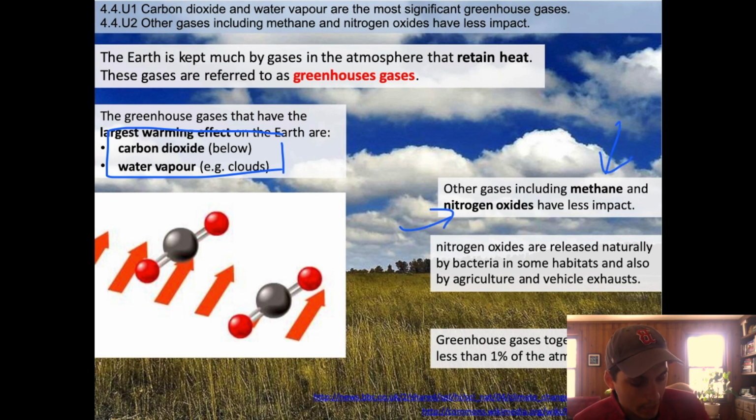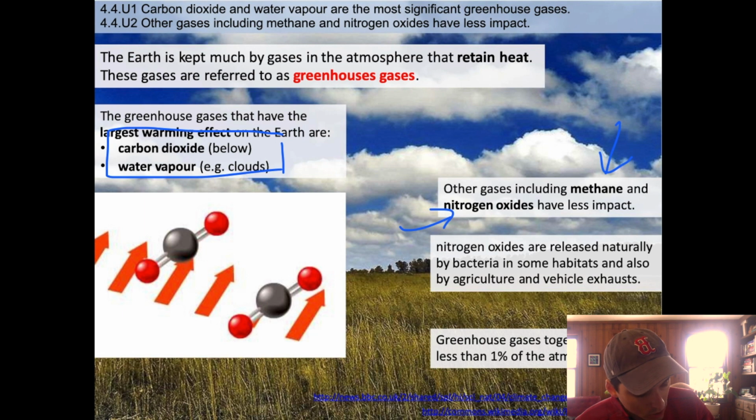So we have methane and oxides of nitrogen, which is any time that nitrogen is joined together with oxygen in a compound. Nitrogen oxides are released naturally by bacteria, and there's also some man-made production. But for the most part, the ones we're going to focus on being man-made are methane and carbon dioxide.